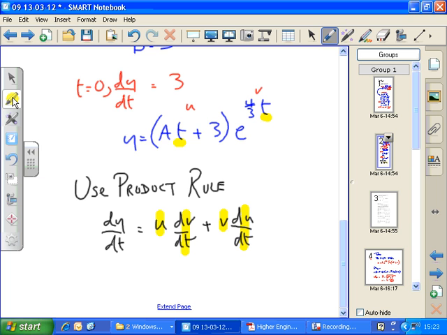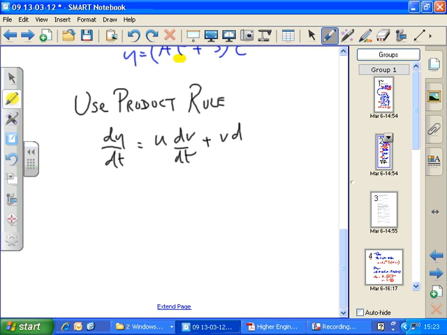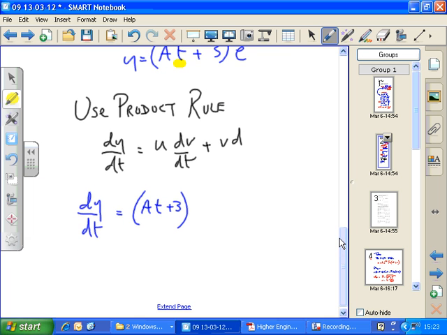And effectively, you just remember that little rhyme: the first bit times the differential of the second plus the second bit times the differential of the first means you can write down the answer. dy by dt equals the first bit, (at plus 3), times the differential of the second, which is 4/3 e to the 4/3 t, plus the second term, e to the 4/3 t, times the differential of the first bit, which is just a.